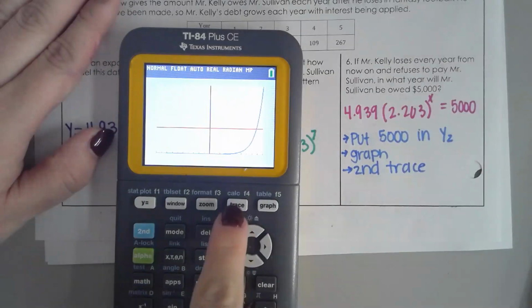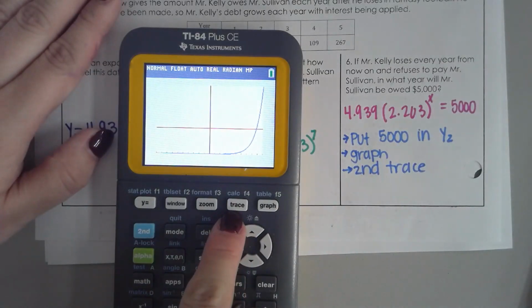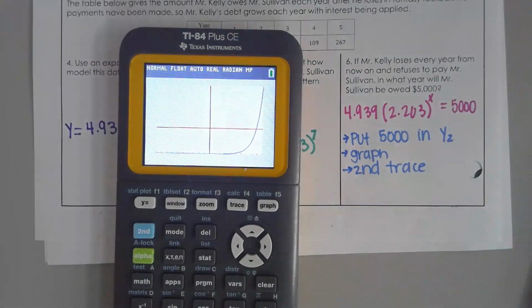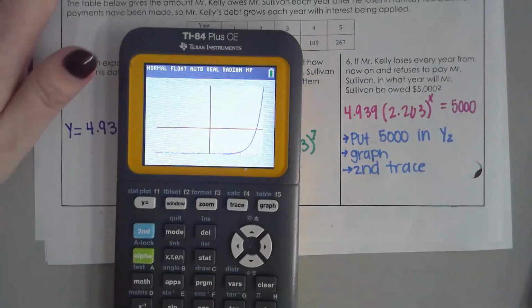My calculator did not do that and now it's spinning. Hold on, let me look at it. You hit the enter button and that paused it. Is it going now? Yes.